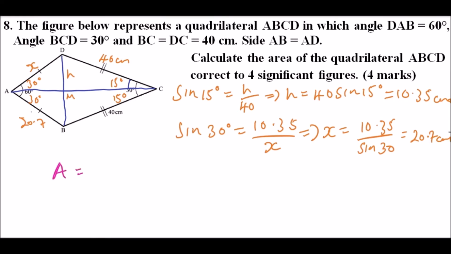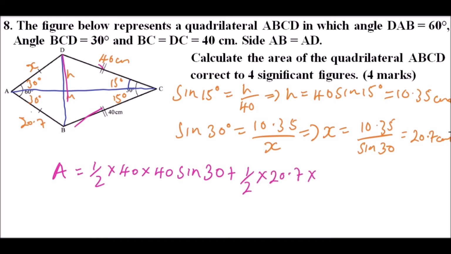So we can now get the area by using this method. Area is equal to a half AB sine theta. So we multiply by 40, that is multiply by 40 the sine of 30. This is the triangle BCD. You add the area of the other triangle, which is a half of 20.7 multiplied by 20.7, then you multiply by the sine of 60.